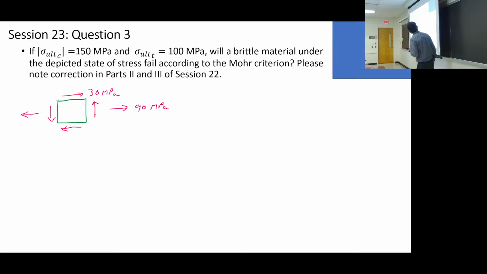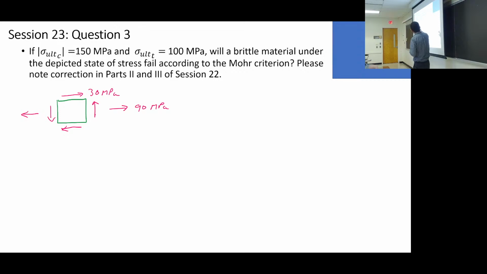Here's another question. We have a brittle material, and it's questioning whether or not we're going to fail according to the Mohr criterion. There were some corrections back in parts 2 and 3 of session 22, but that doesn't apply to you. It's been corrected already.